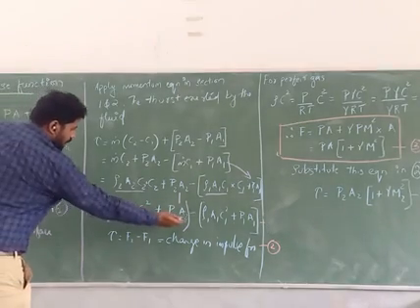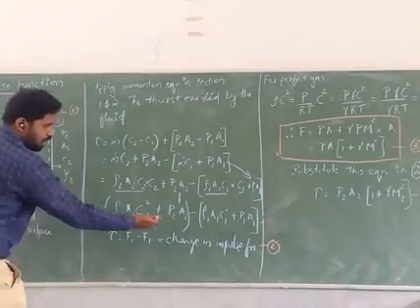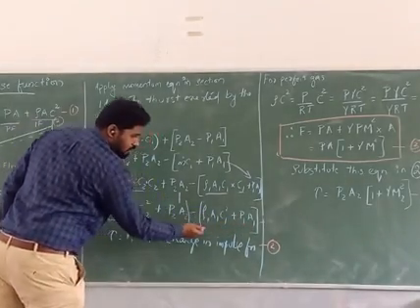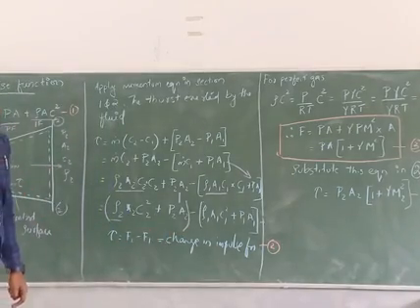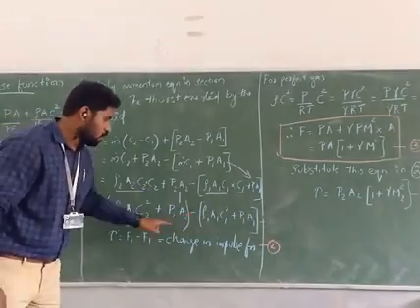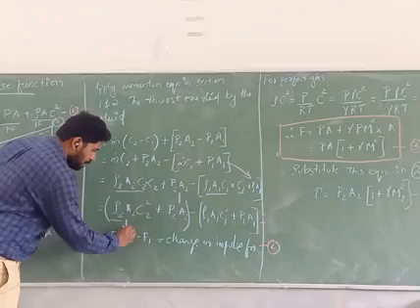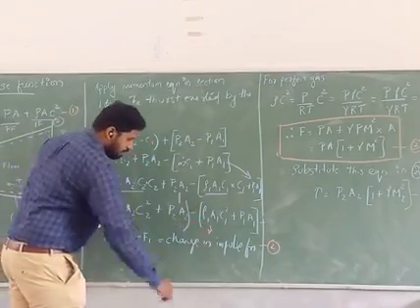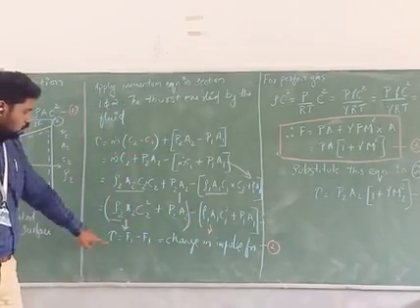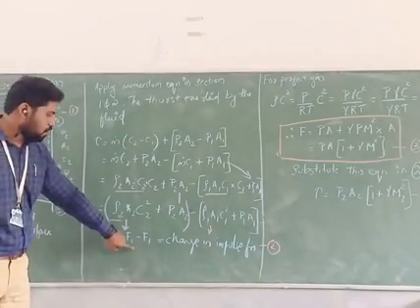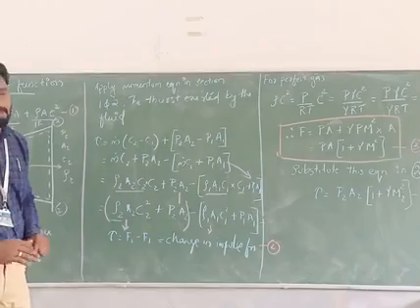The same equation, the only difference is that here 1 comes and there 2 comes. So this is F2 and this is F1. So tau is equal to F2 minus F1, that is the change in impulse function.